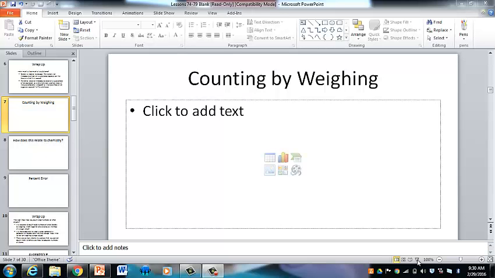We are now doing lesson 75, which is counting by weighing. So, what does it mean to do counting by weighing?